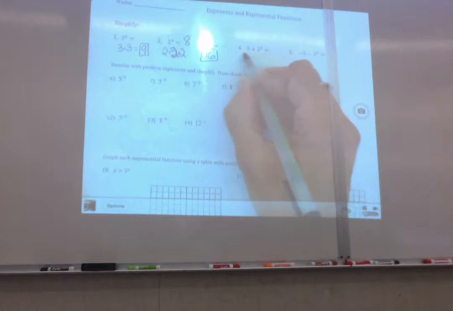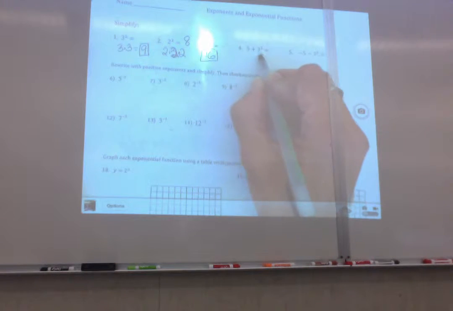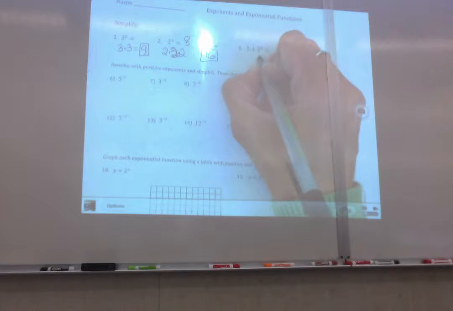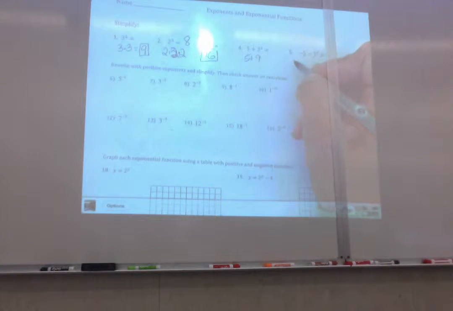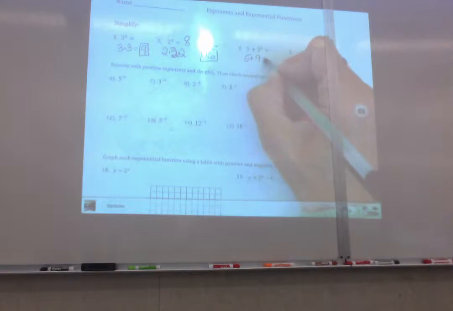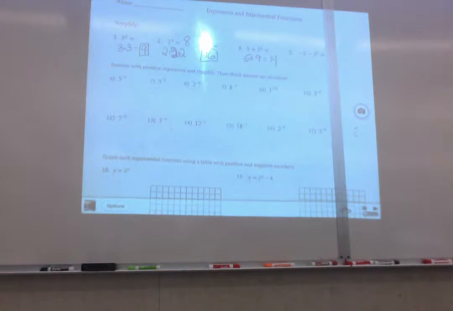Oscar, what do you think we need to do first? The exponent. The exponent first, PEMDAS, powers, and then exponents, all right? So we've got 9 plus 5, and now what do we do? Now we add. So 5 plus 9 is 14. So that one, there were 2 things to do.